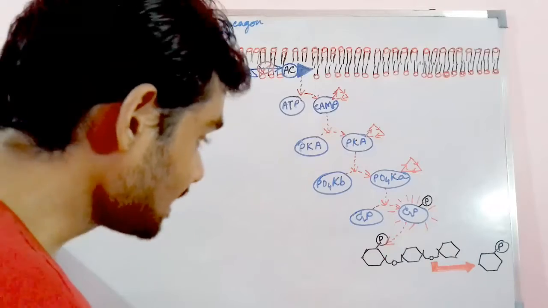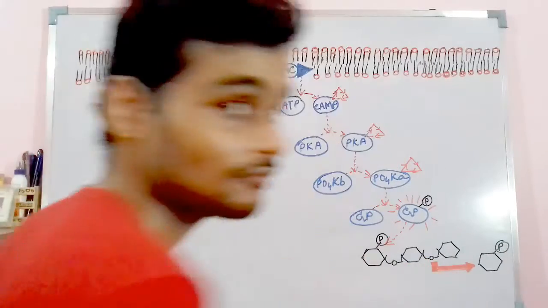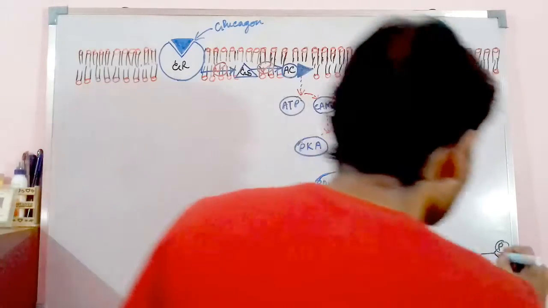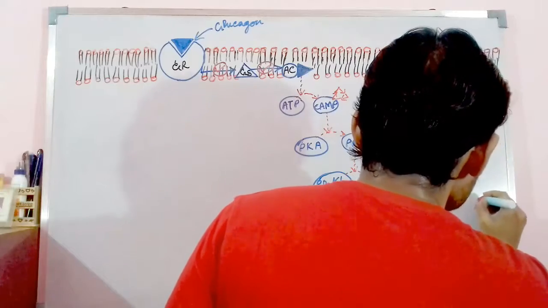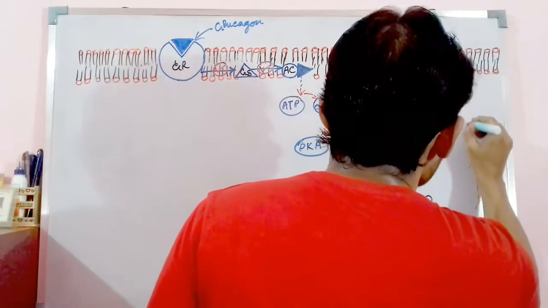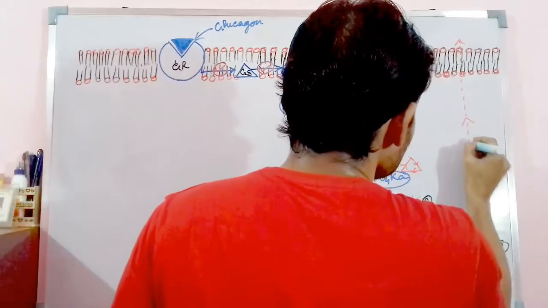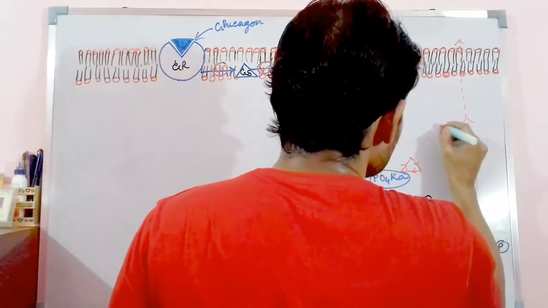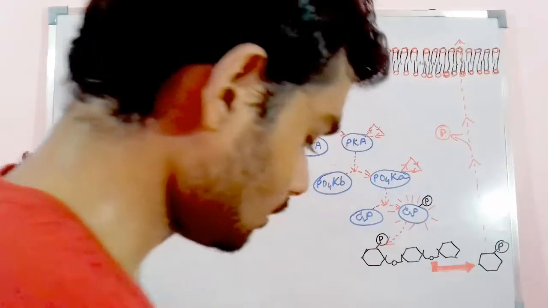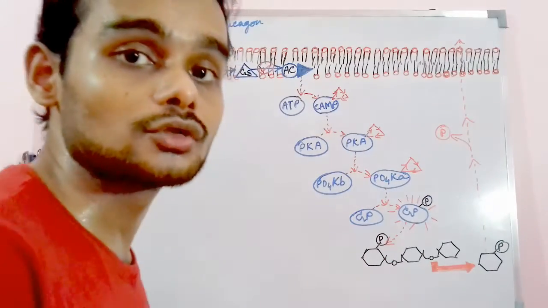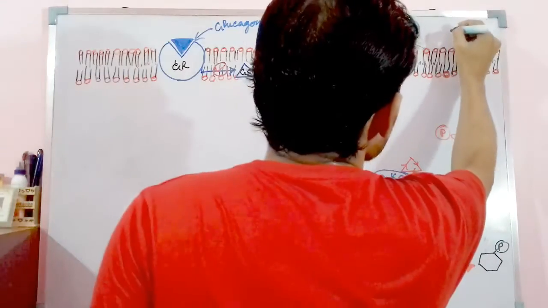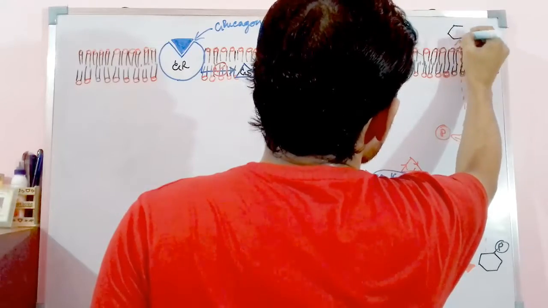And now this glucose molecule along with the phosphate group, in the presence of another enzyme called phosphatase, with the removal of the phosphate group, is converted from phosphorylated glucose to the simple glucose molecule, that is this one.